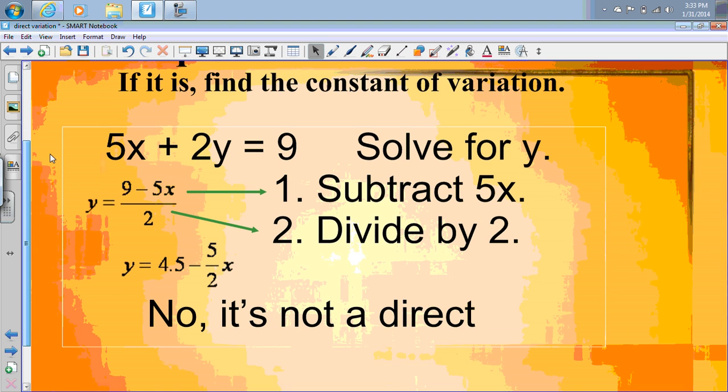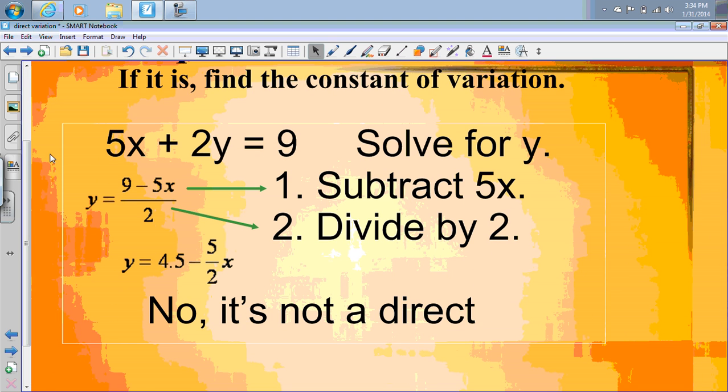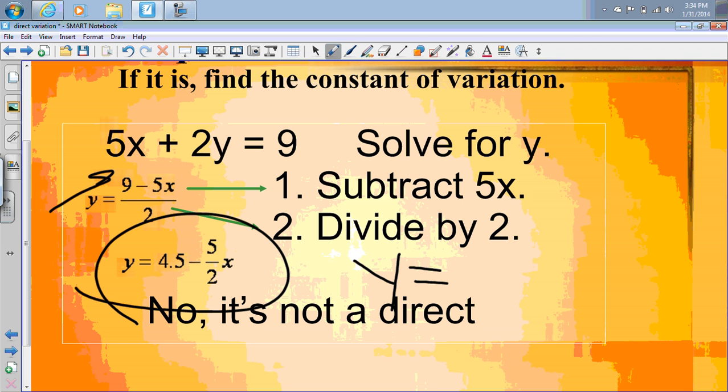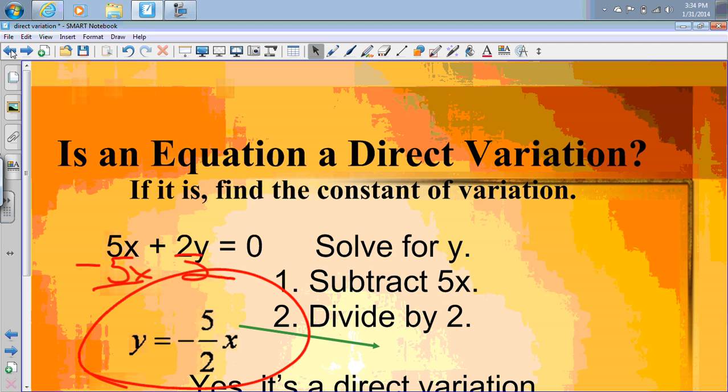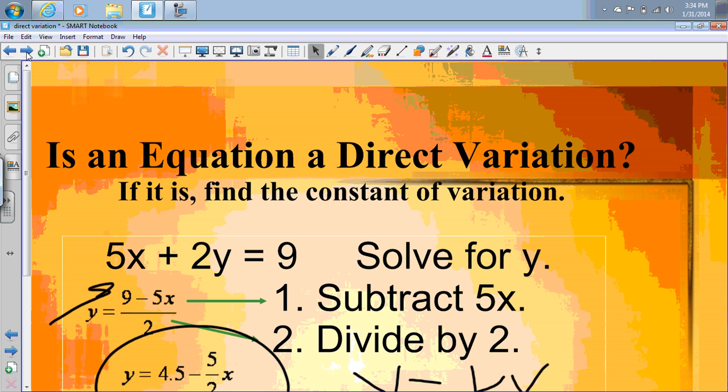Okay, what about that same equation? 5x plus 2y equals 9. Okay, did the same thing, but now we have this. Is that in the form y equals kx? Nope. So what was the difference between that equation and this one?